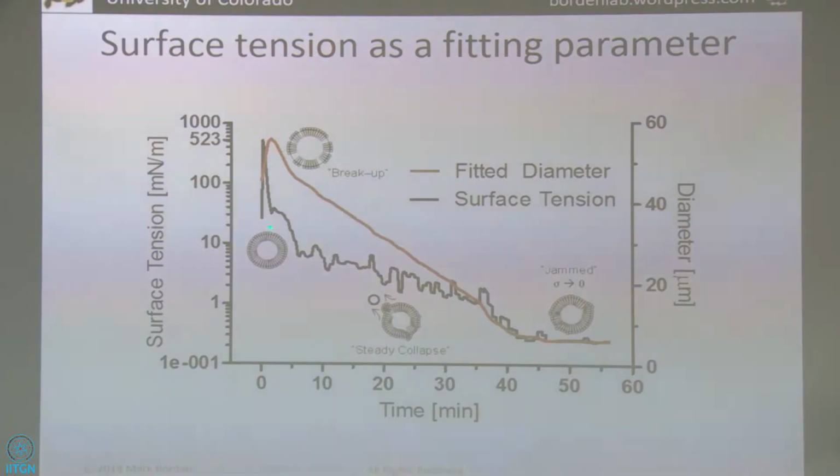What we saw is surface tension shoots up to some very high value, and then comes down, and then slowly decreases and stabilizes at a very low tension. This is about the time that the Marmot model came out. So we assume that this was the breakup tension, then you have steady collapse in this region, and then you eventually have jamming of the layer. So this is how we would describe this.